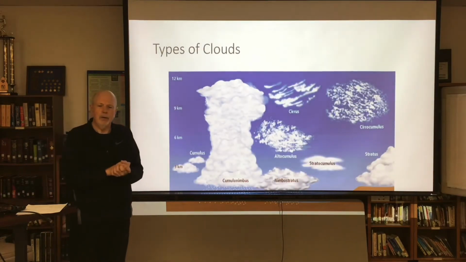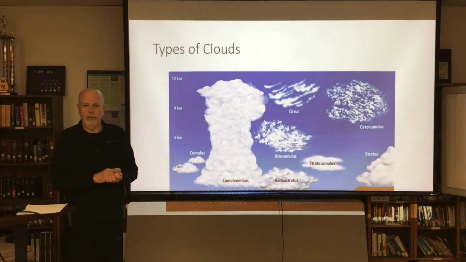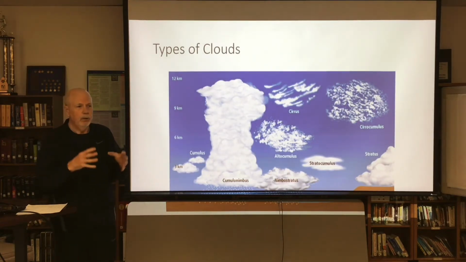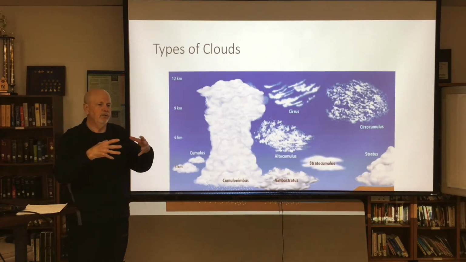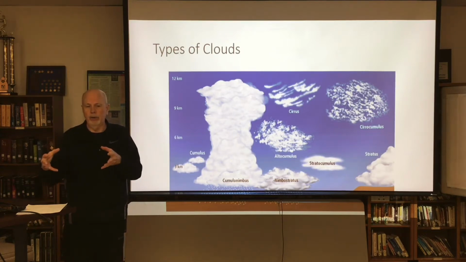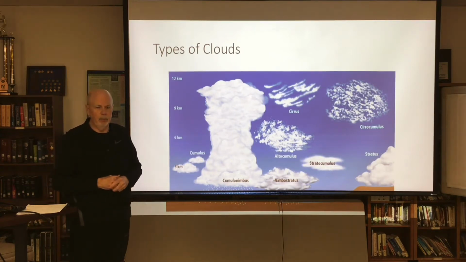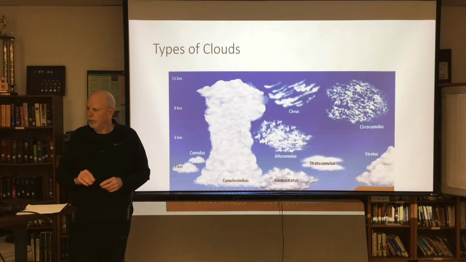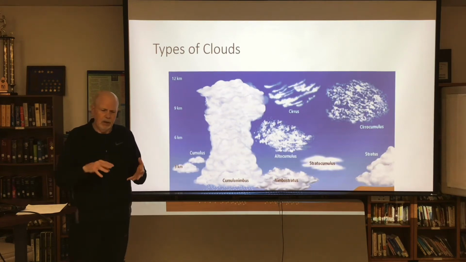Now this also is part of why we want to understand about clouds, because clouds are associated with certain types of weather. So if we see certain types of clouds, we're going to have a pretty good idea of what the weather's going to be. So the first thing we want to talk about is the fact that there are different kinds of clouds.